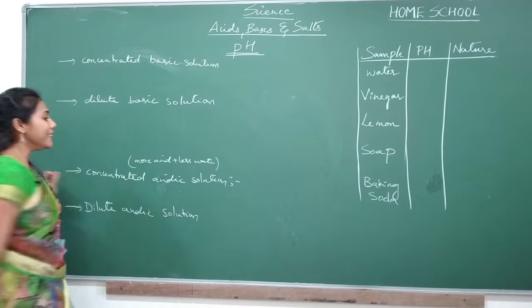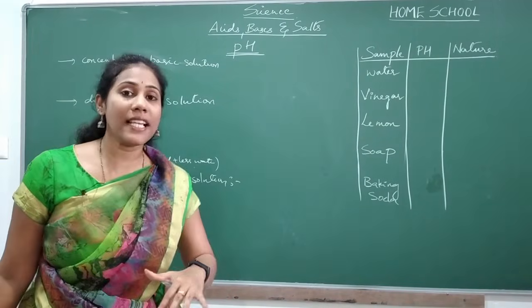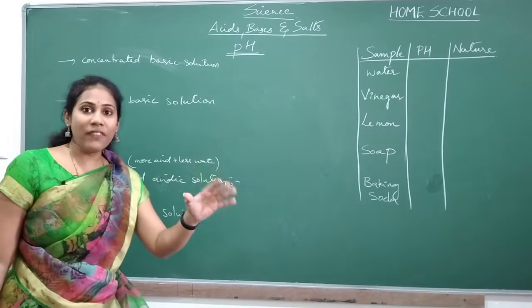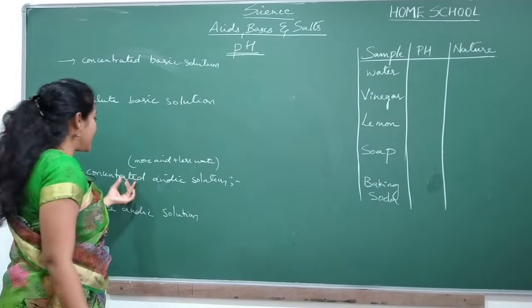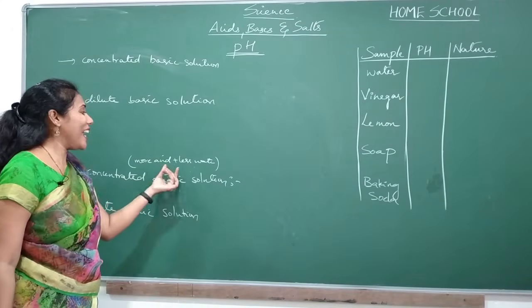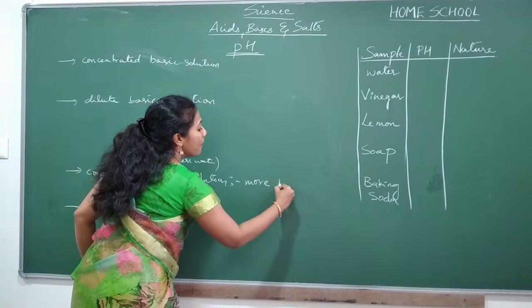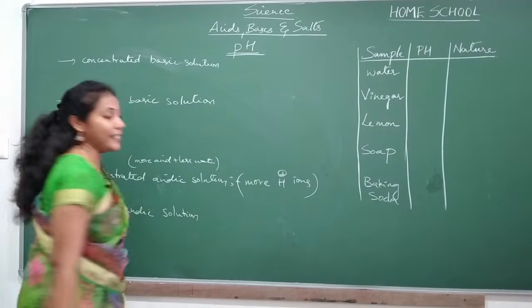Then how many H plus ions may be present, more or less? Acid is the one that is giving H plus ions, no? So concentrated acidic solution will have more amount of H plus ion. Remember, more H plus ions would be present.